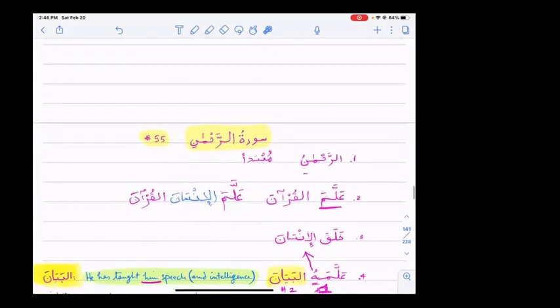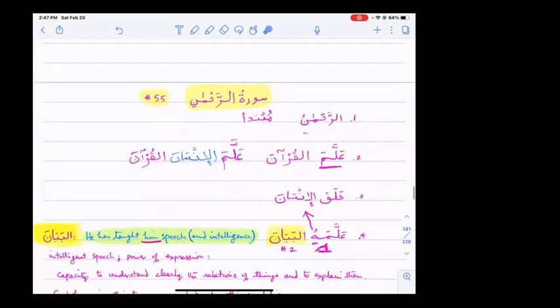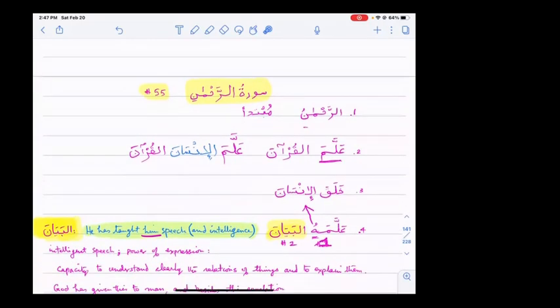Ar-Rahmanu. Think of it, and stop for a few seconds. Allama al-Qur'an. Here one mafulun bihi is mahzuf: Allama al-insana al-Qur'an. But we don't have to say it, we have to understand. Then Allah created the human being. Khalaqal insana. And what else did Allah do for that human being?